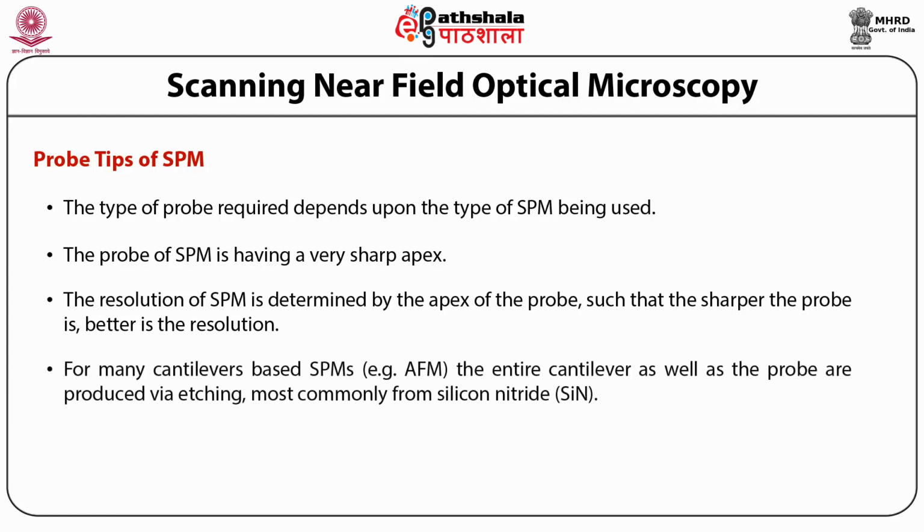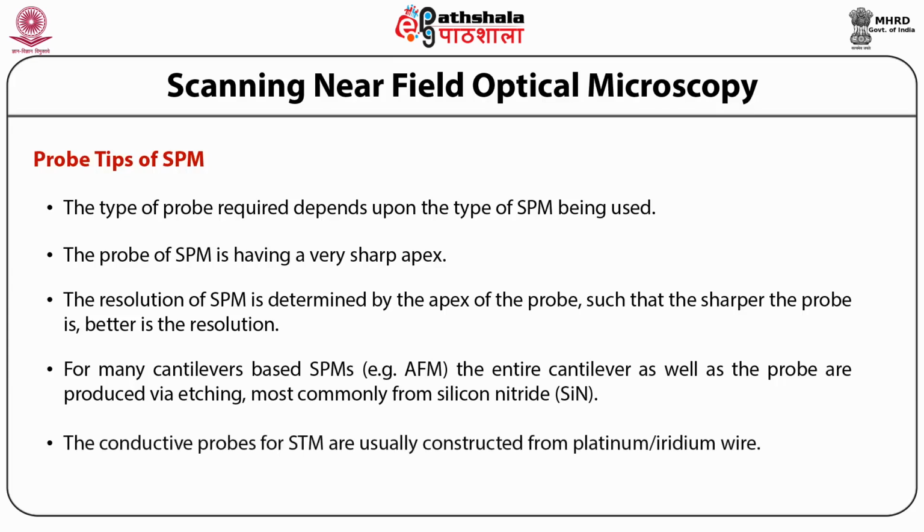For many cantilever-based SPMs, for example AFM, the entire cantilever as well as the probe are produced via etching, most commonly from silicon nitride. The conductive probes for STM are usually constructed from platinum or iridium wire.